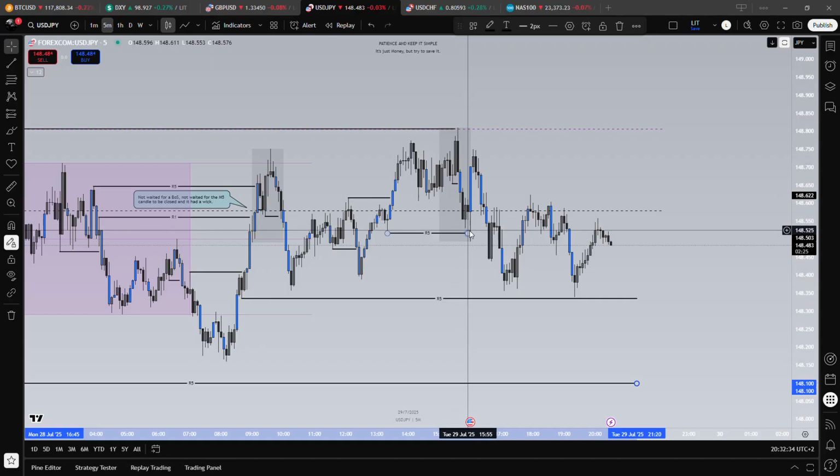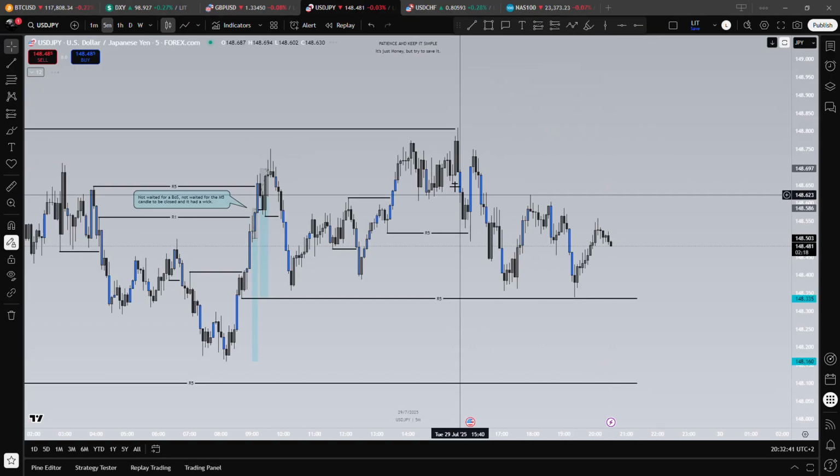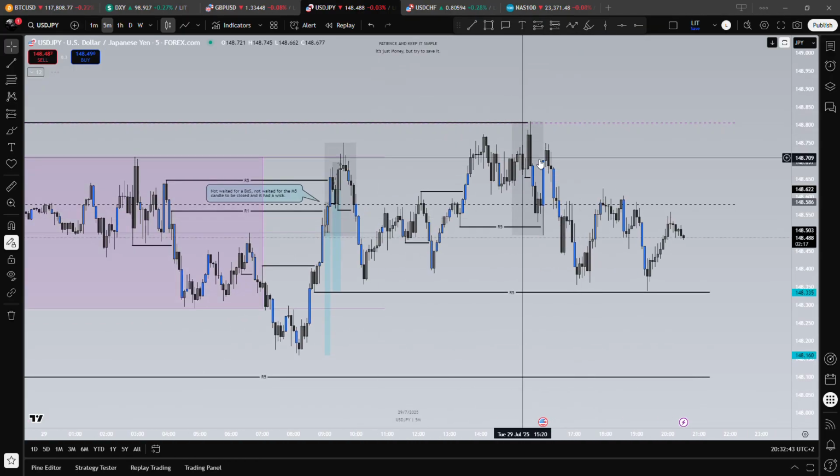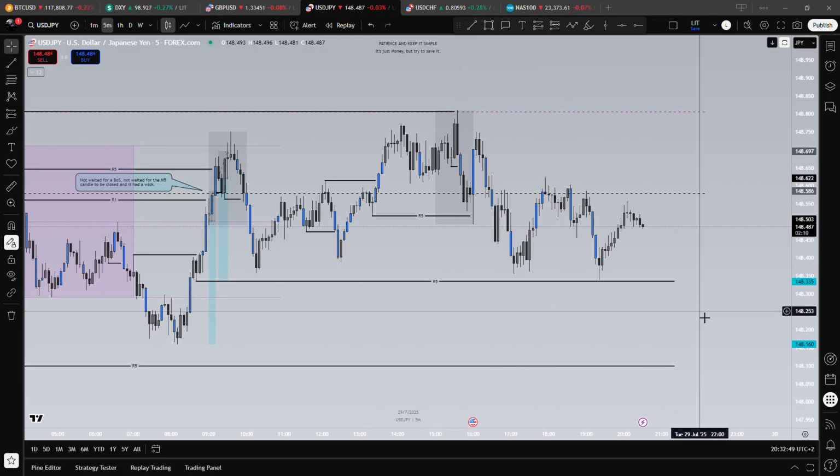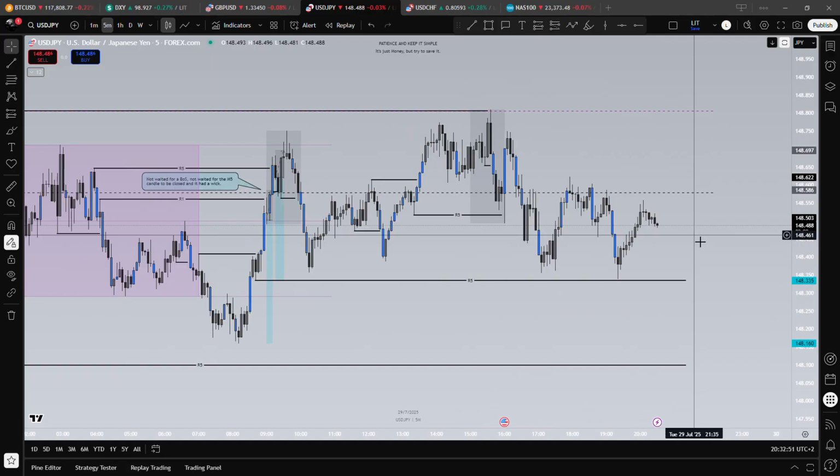It took this round number with the M5. After taking this, I expected this to be taken again and then looking for sells, but it never did that, and it continued to the downside. I don't know what to expect now, but probably it's going to take some liquidity here.